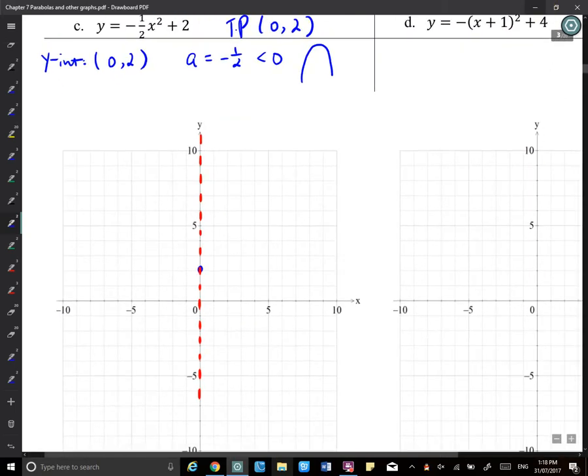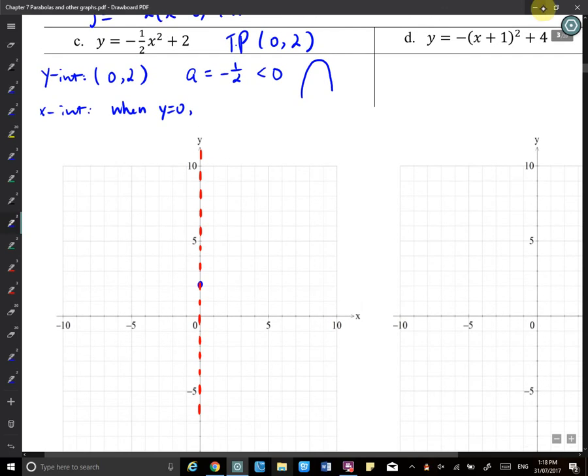So x-intercepts are when y equals 0. 0 equals negative a half x squared plus 2, so a half x squared equals 2, and x squared equals 4.